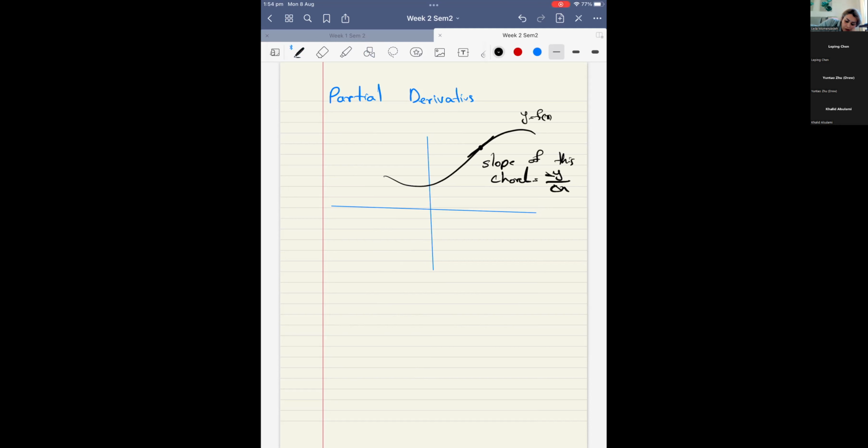Yes, you have this because you have 2 points here. You make a triangle, you find the slope.